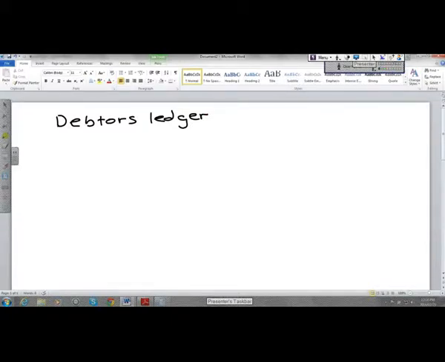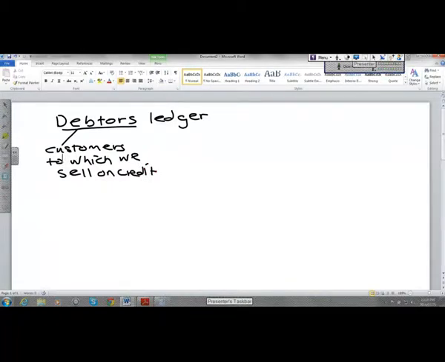A debtor is a customer to whom we sell on credit. So whenever we sell on credit to our customers, we actually call them debtors.